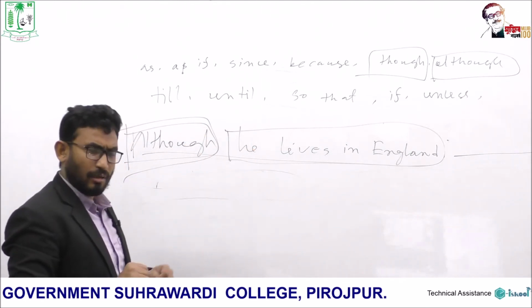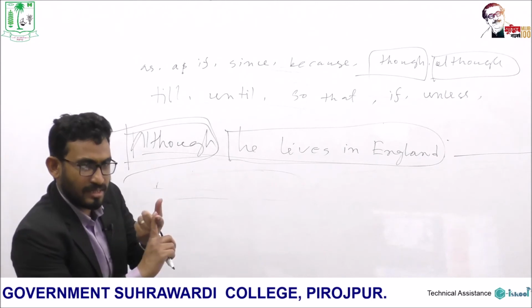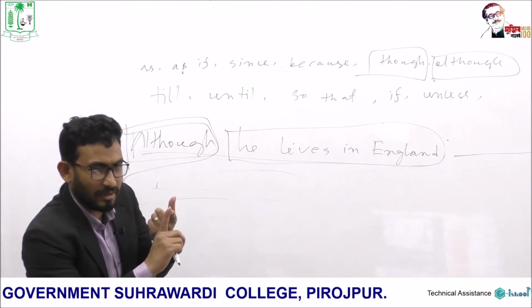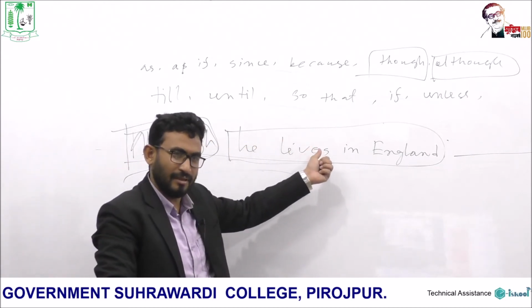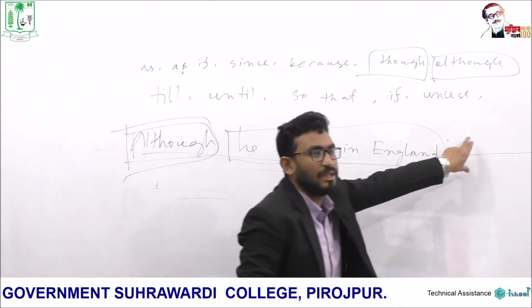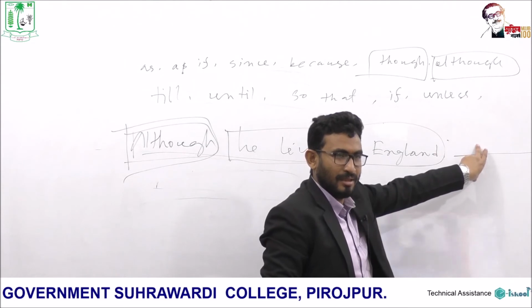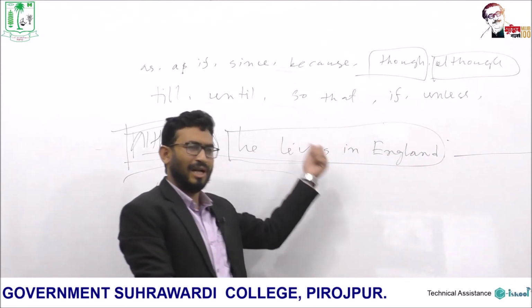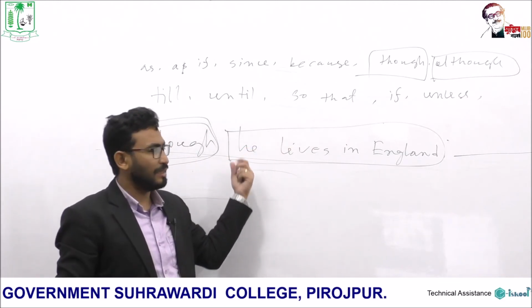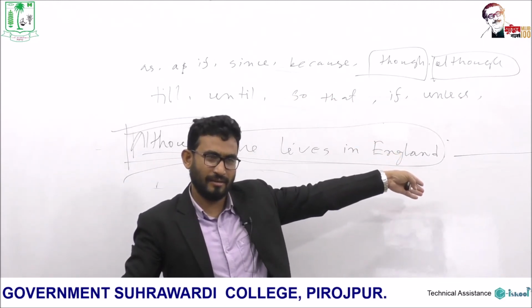And in writing a complex sentence, you need two clauses, one principal clause and one subordinate clause. The subordinate clause is already given. It means that you have to write the principal clause.